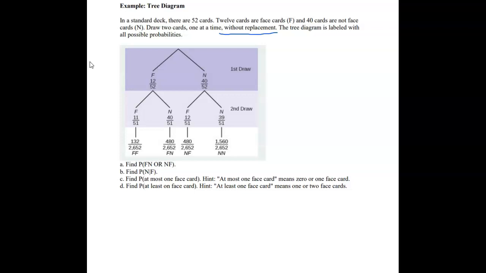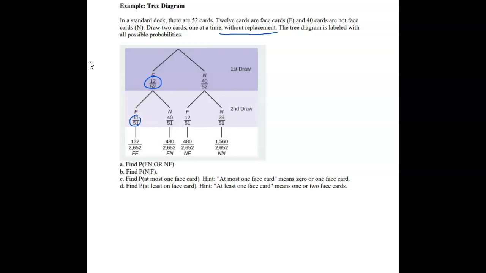Right? And then you basically multiply these probabilities along each branch to give you the probability of these two events happening: 2 face cards, first face, second non-face, first non-face, second face, and so on.